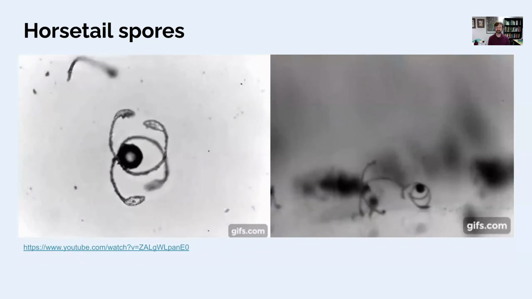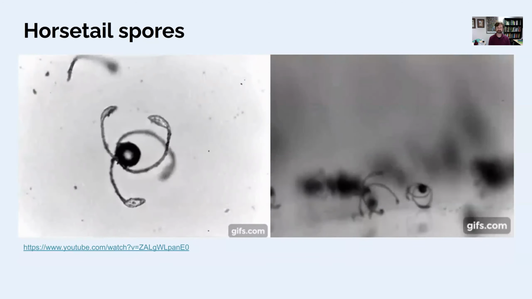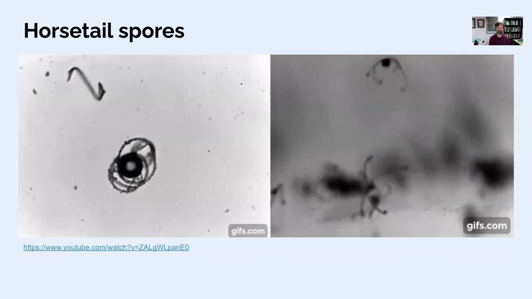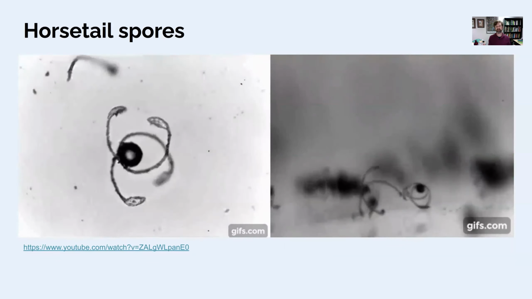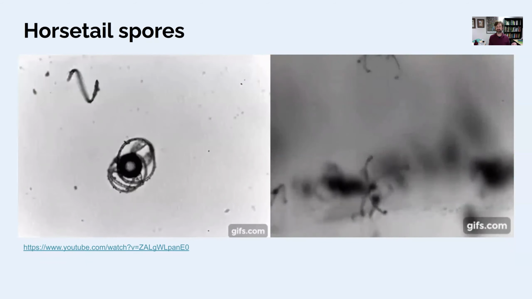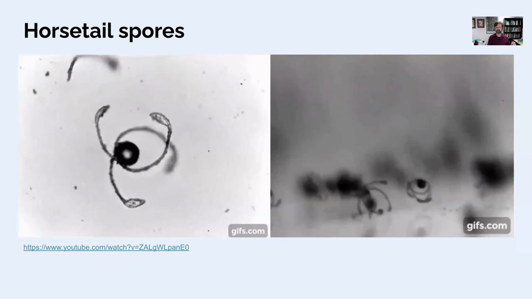So again, responding to when the conditions are good for getting them around. As these plants dry out, as their spores dry out, they expand. So they expand and contract in response to changes in humidity, and with some interesting effects.